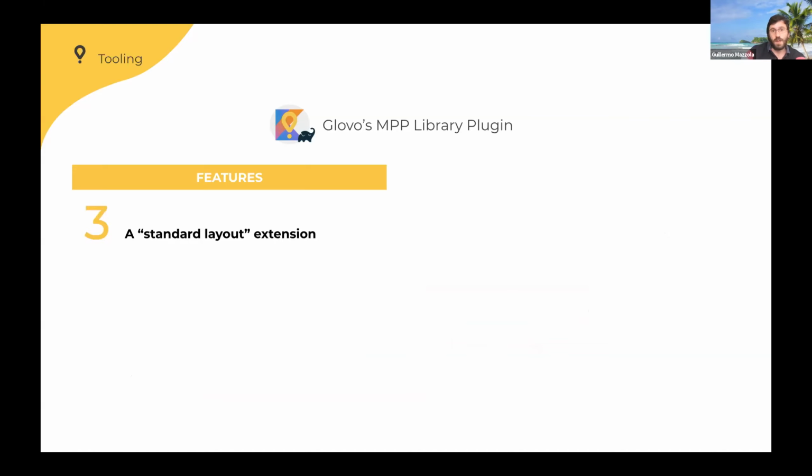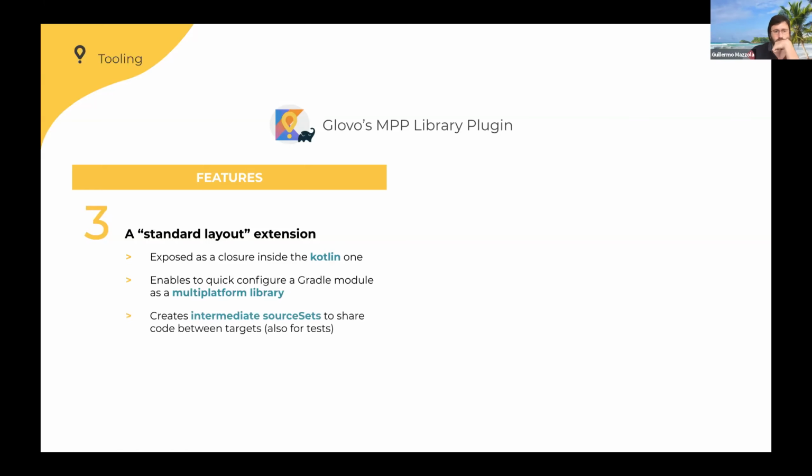The third feature that we add in this plugin is a standard layout extension. Basically, we expose a new sub-extension into the Kotlin extension, which enables your Gradle module to convert this module into a multi-platform library, and create intermediate source sets to share code between the targets. I will explain this in the next slide.